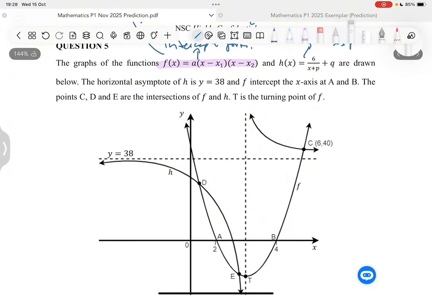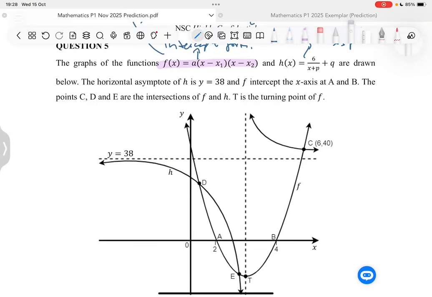The question continues to say that the horizontal asymptote of h is y is equal to 38 and f intercepts the x-axis at A and B. With the first statement, we are given a horizontal asymptote, which is a line that the graph h will never cut, but it will move as close as possible to it. And they say it's 38. That means the value of y would also be 38 there.